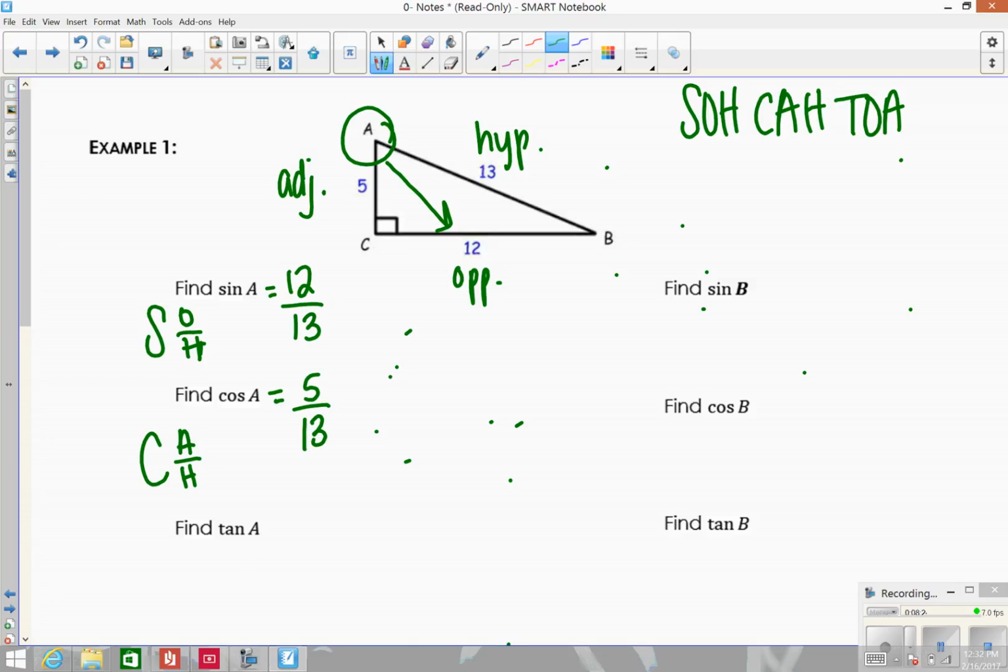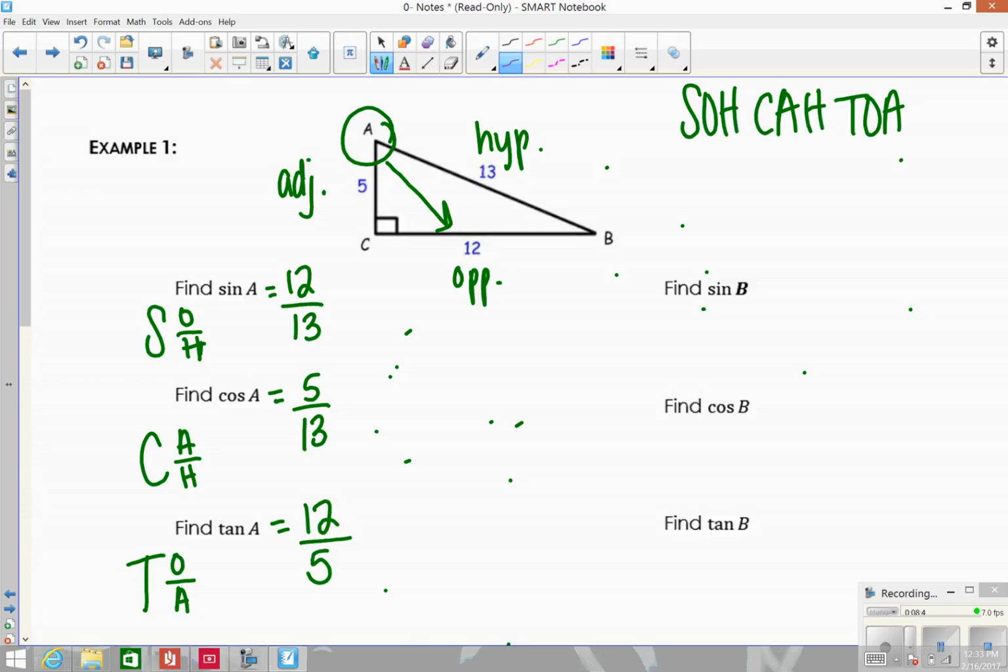Tan of A is TOA, so T equals O over A. So opposite is 12 over the adjacent, which is 5. So that's the first part.